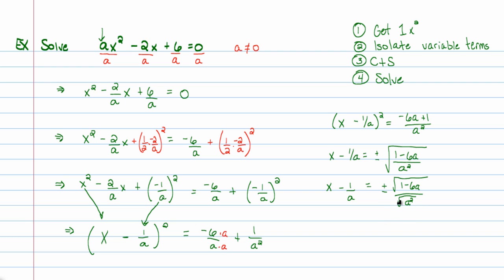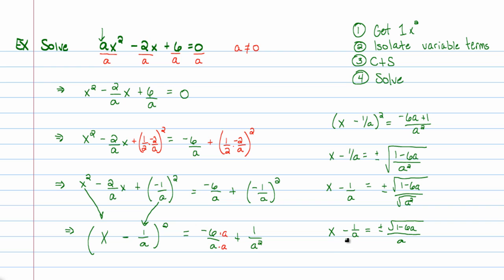Well, square roots undo squares, so that would be an a. So I should have a plus or minus square root of the numerator all over just a regular old a. Now I'm going to fix something a little bit later, but for now, I want to leave it like that and not explain something. I'll explain it in a moment, though.